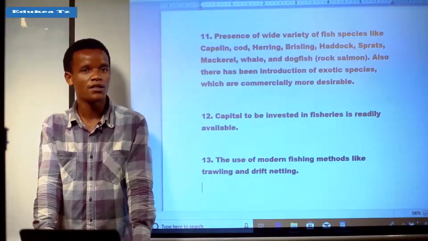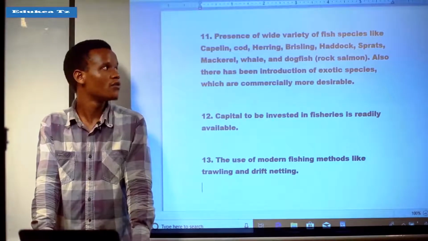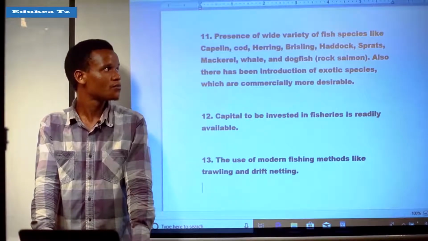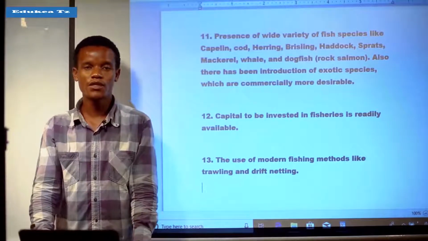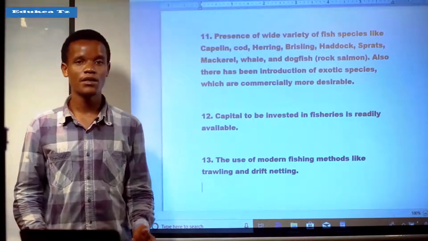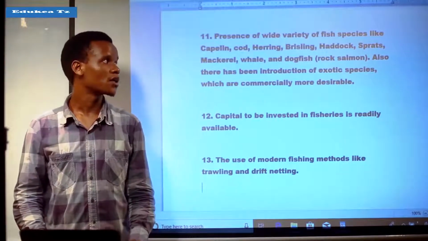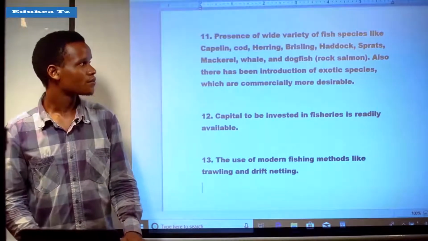So there are different kinds of species found there, and having those species contributed much to stimulating the development of the fishing industry in the country of Norway.